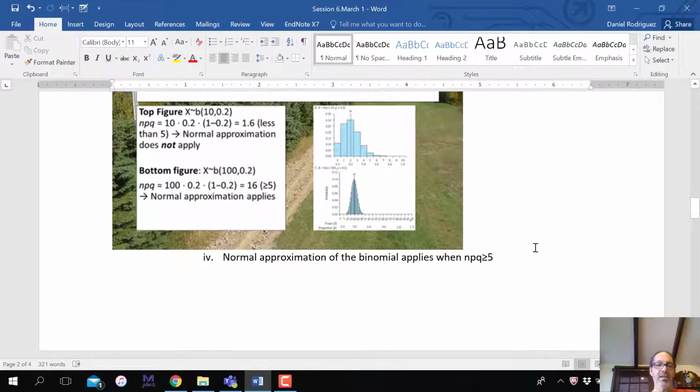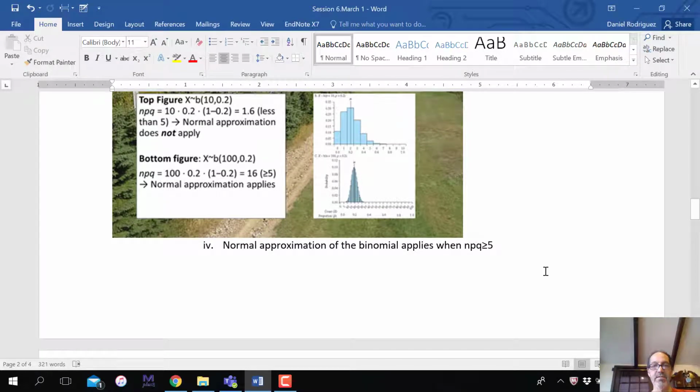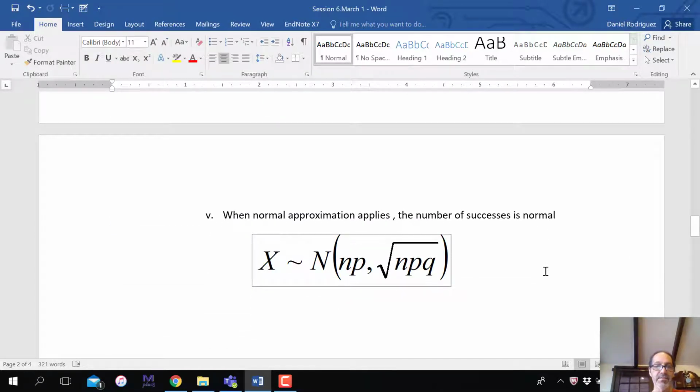For the normal approximation of the binomial to apply, we need this quantity, which is actually the variance, because the standard deviation of the binomial is the square root of npq, so the variance has to be greater than or equal to 5 to get the best approximation. If you're calculating npq and it's less than 5, you have to use the binomial to calculate the probability. So you have to do what's called an exact probability calculation.